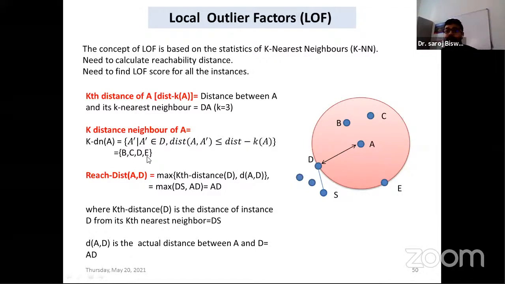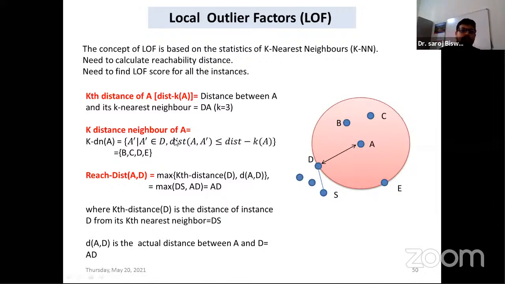Why? Because whenever we have 2 or more samples at equidistance on this circle, the number of observations would be more. In this case we have 2 observations at equidistance, D and E. That's why both have come here. In that way, we can calculate the k distance neighbors of A.